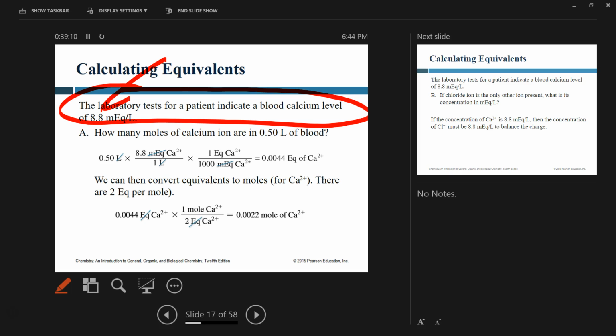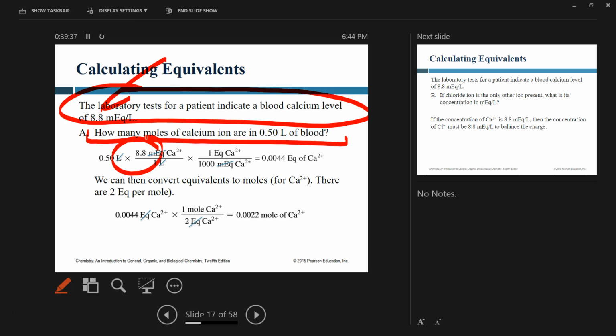So first, the question that is asked here is how many moles of calcium are in half liter of the blood. So first of all, we need to find how many milliequivalents are in the half liter. So it's going to be 2 times less than 8.8. It's going to be 4.4.